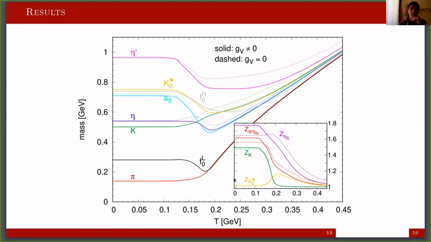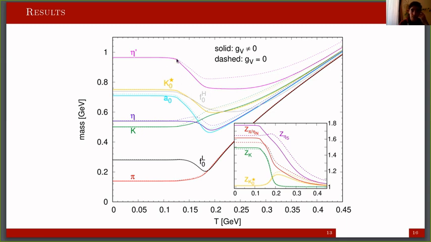And in the inset, one can see how this Z factor changes. And in the plot, one can see the change of the mesons itself, the meson masses.